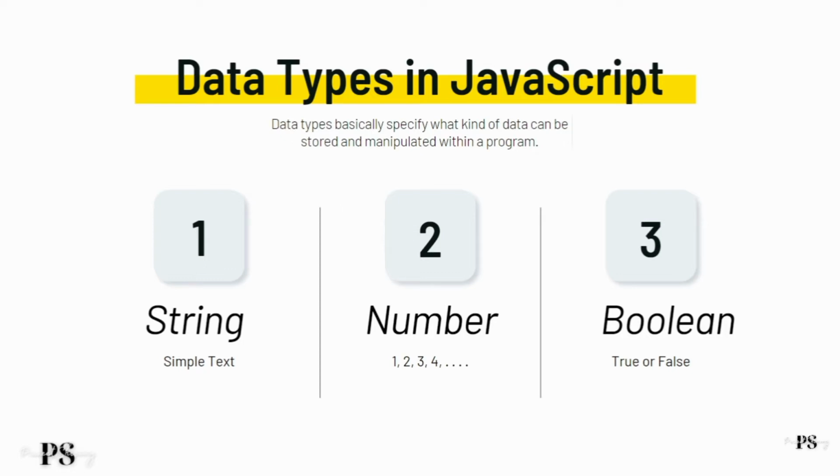But the answer can also be true or false. Suppose I ask are you happy, and someone answers true, it also represents yes, but true will be a boolean. So boolean only represents true or false. So this is just an intro. We will write some code and then try to understand it in a better way.